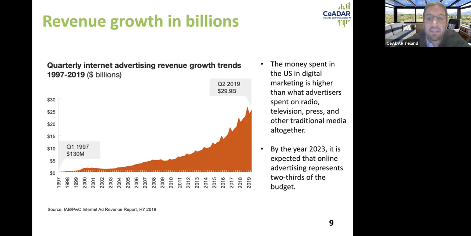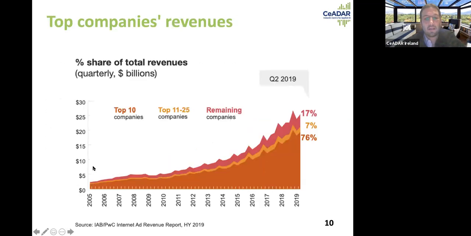And it is expected that in 2023, the amount of money companies spend online is two thirds of all the advertising. And that is amazing, and that's why those companies are so famous: Google, Facebook, and so on.